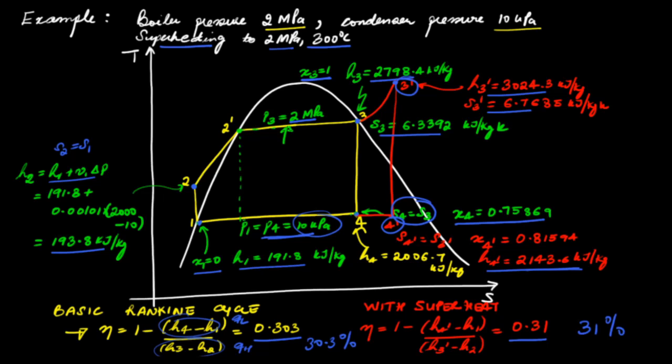The saturation temperature corresponding to the vaporization process in the boiler is 485.53 Kelvin, and for the condenser it is 318.96 Kelvin, because the saturation temperatures depend upon the saturation pressures, and they can be found from the property tables.